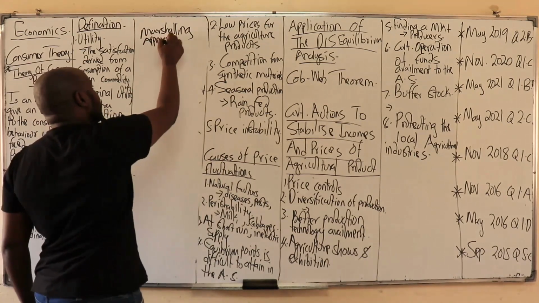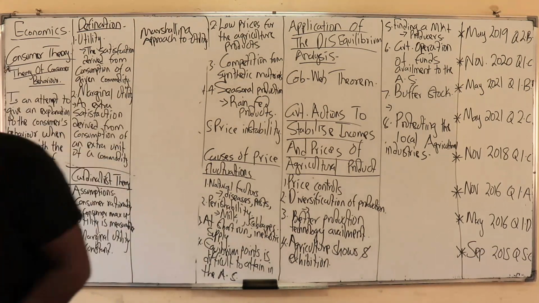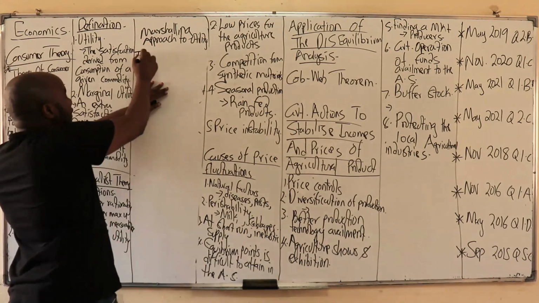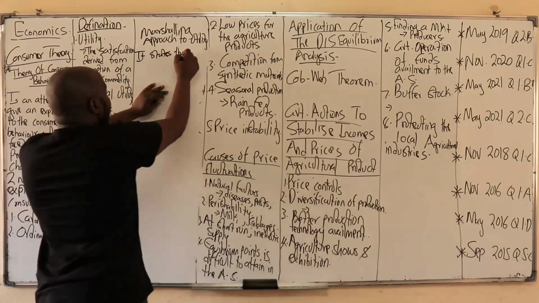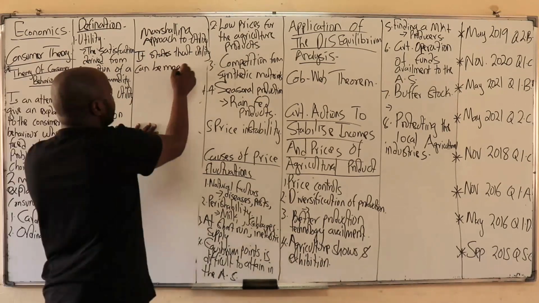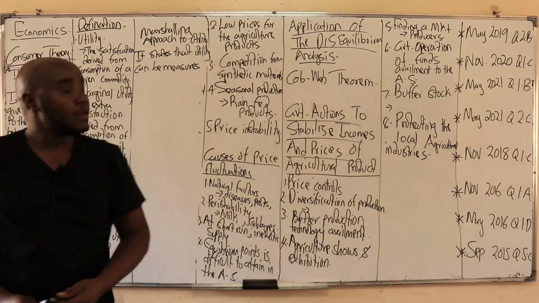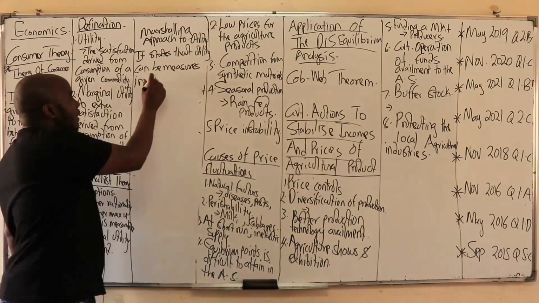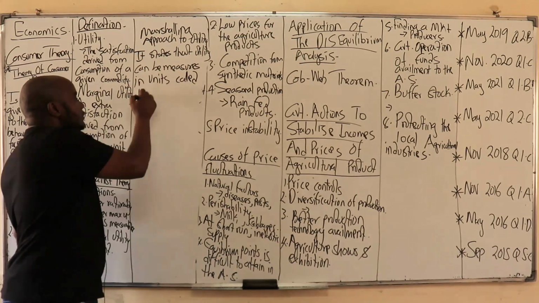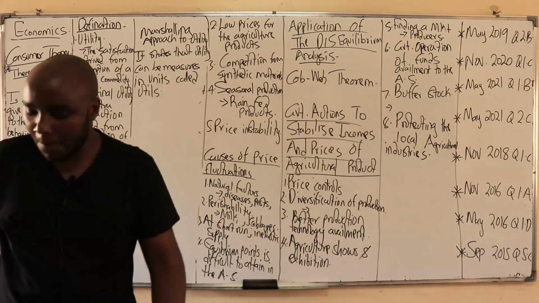It is stated that utility can be measured in units called utils. That's all about the definition part.